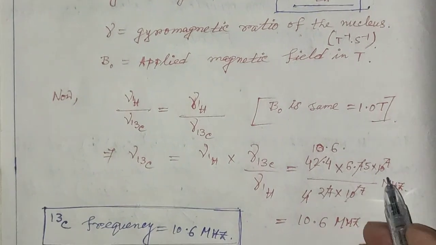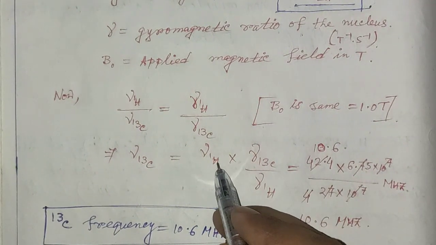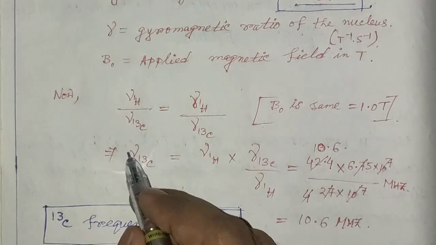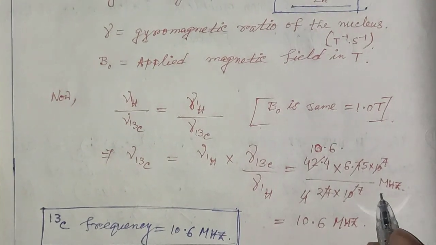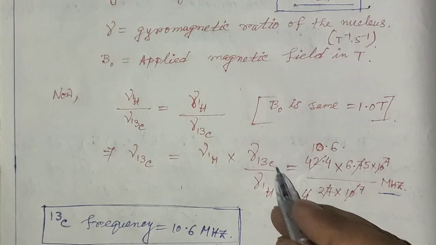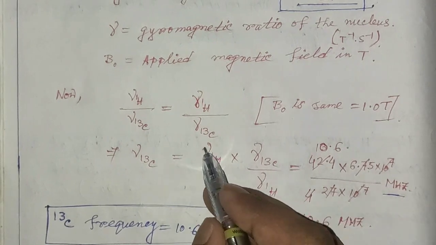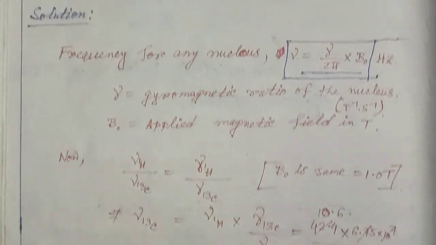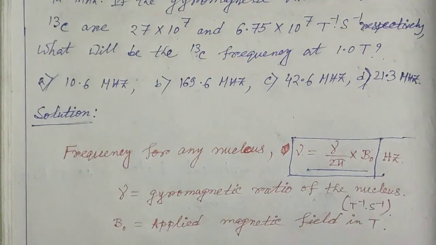We have to be careful about the units, since here the frequency of the hydrogen nucleus is given in megahertz. The frequency of the 13C nucleus will come in megahertz, since the units of the gyromagnetic ratios of 13C and hydrogen will cancel out, and only the unit of the frequency of the hydrogen nucleus will remain. So option A is the correct answer.